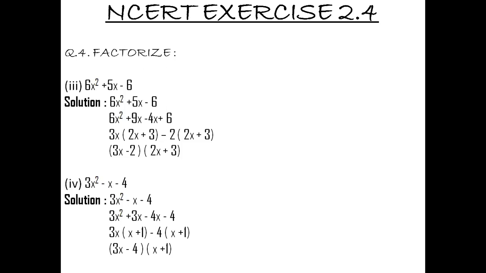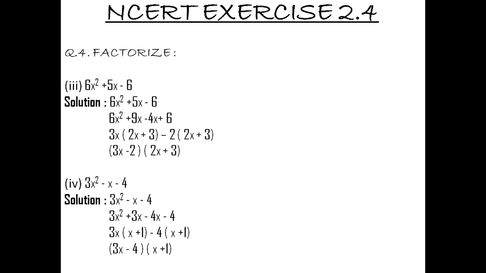How about the fourth question? The question is 3x squared minus x minus 4. Now, if you go by the first step, I have to multiply 3 with 4. So 3 4s are 12. And what do I need to get using the factors of 12? Over here, the middle term has what coefficient?